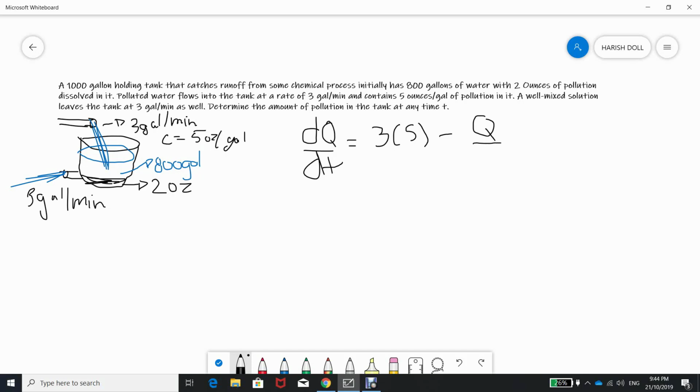The volume entering is the same as the volume leaving, so there won't be any changes in the volume at any given point of time, so we can just write 800. This concentration is then multiplied by the rate at which it is leaving, which is 3.